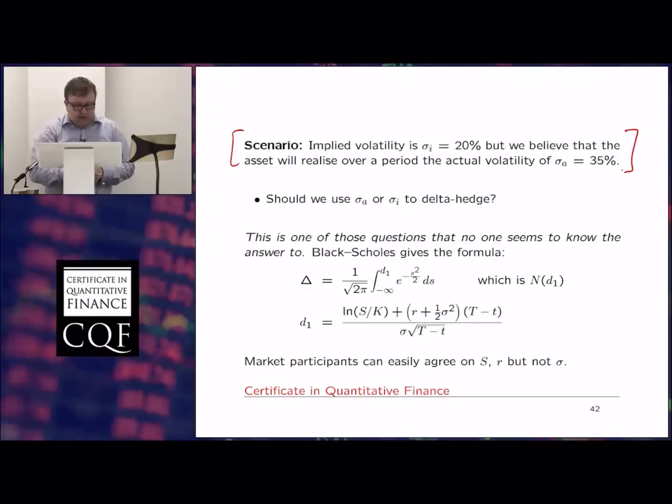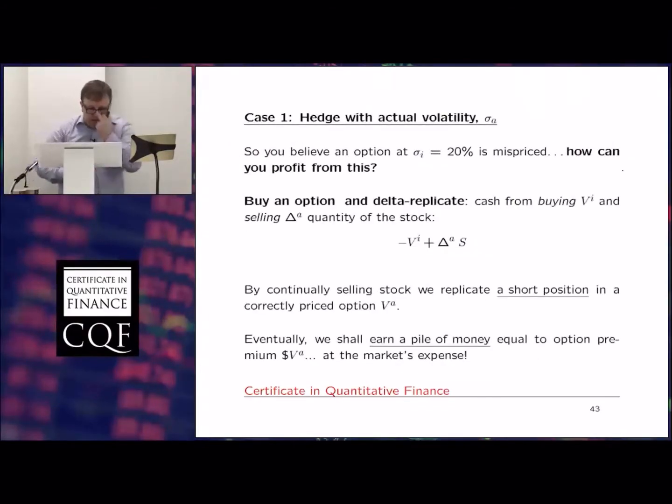So what would you do in this situation? What's possible to do? Well, if the option is cheap, we are not going to get greedy. We will buy it, but that will be our cost. So we need to find that money somewhere, so we need to make that money from the market.